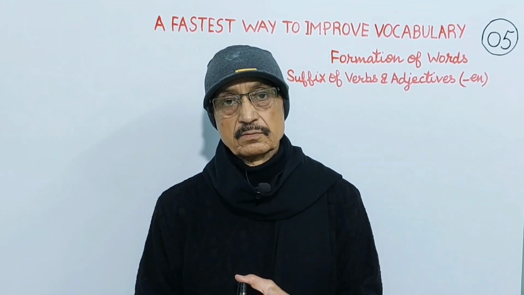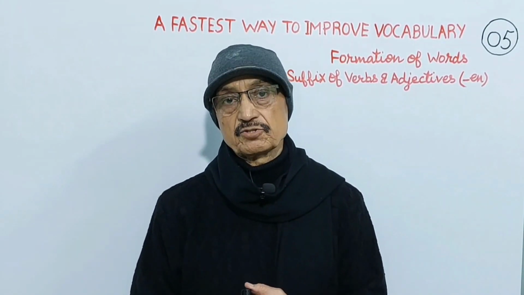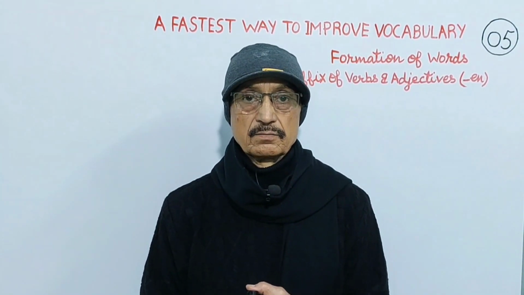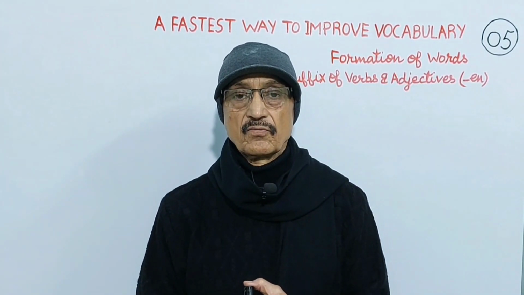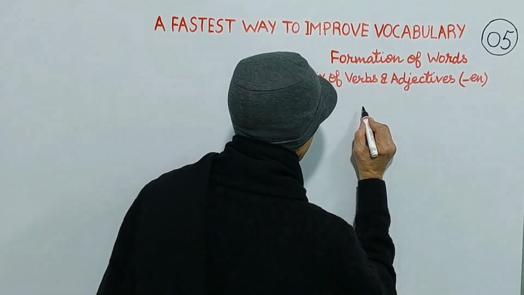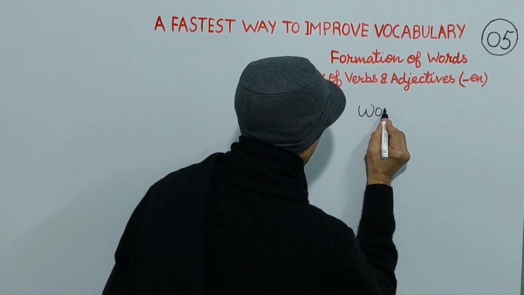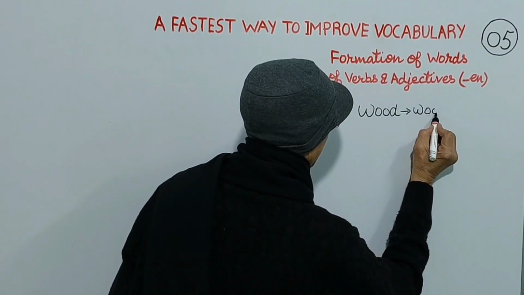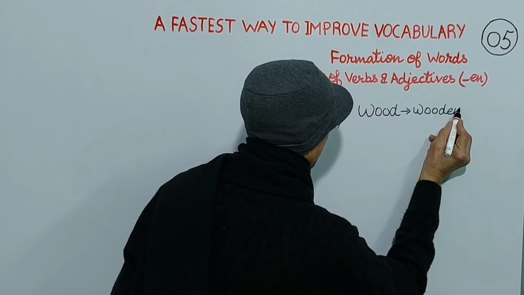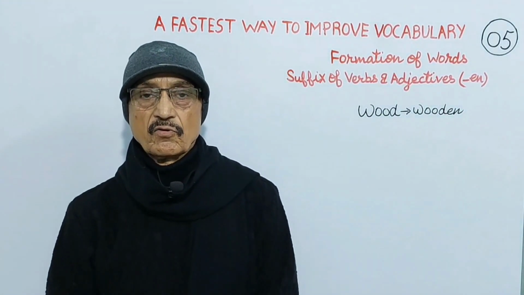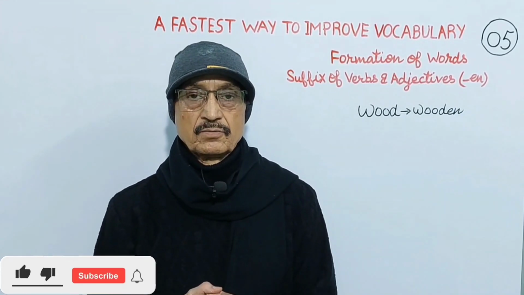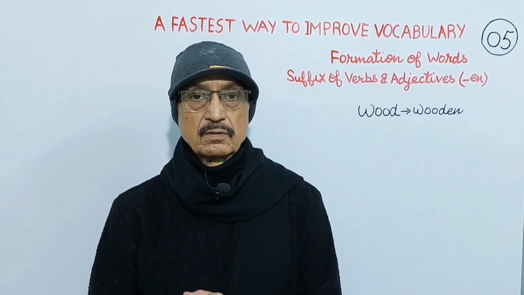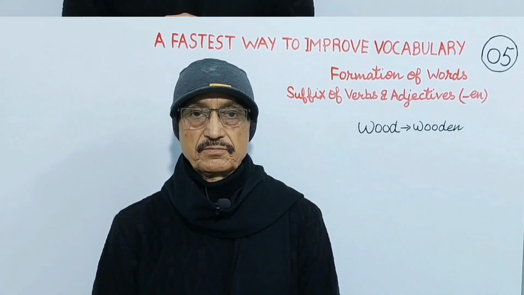I will now tell you 10 words at the end of which I will add suffix en. The first word is wood. Wood. This is a noun. When we add suffix en after wood, it becomes wooden, adjective.